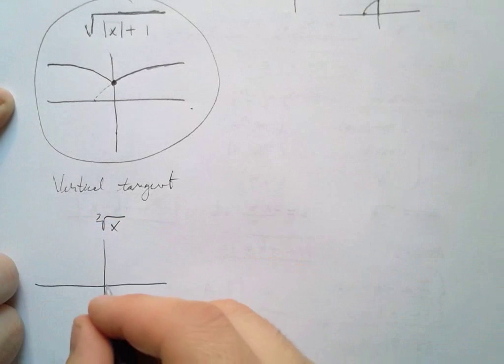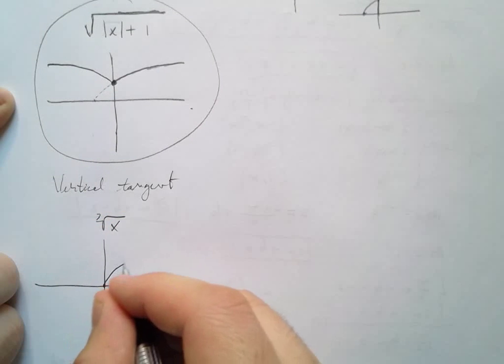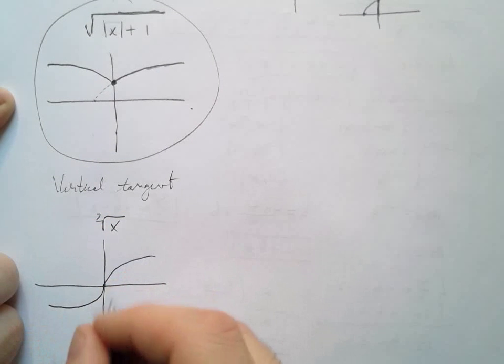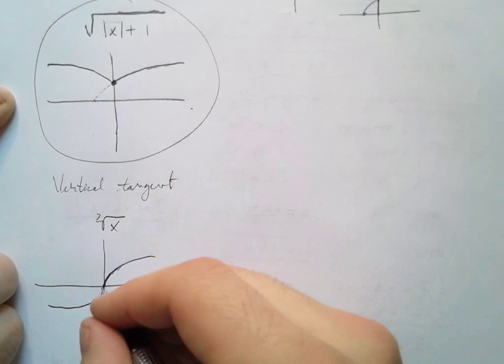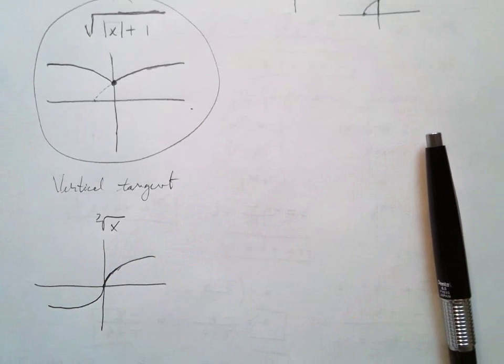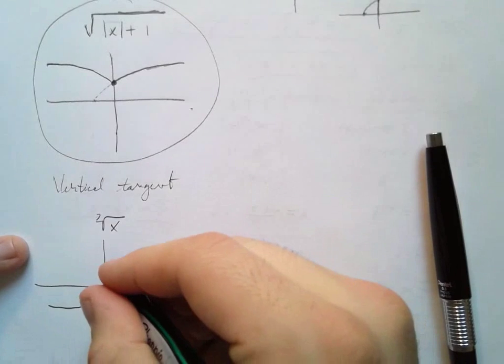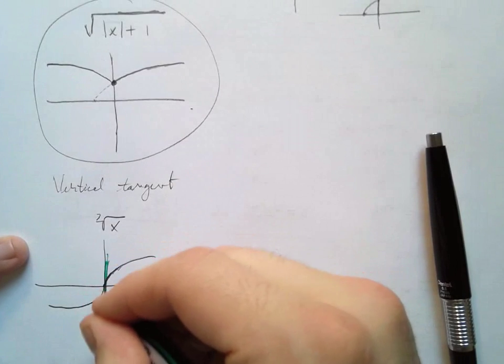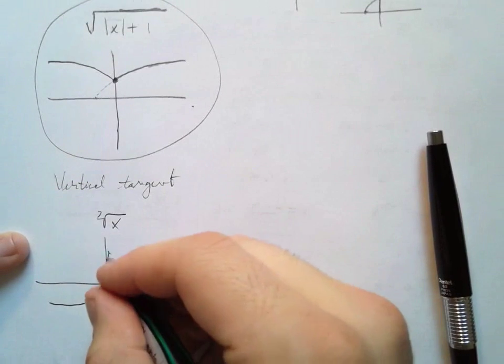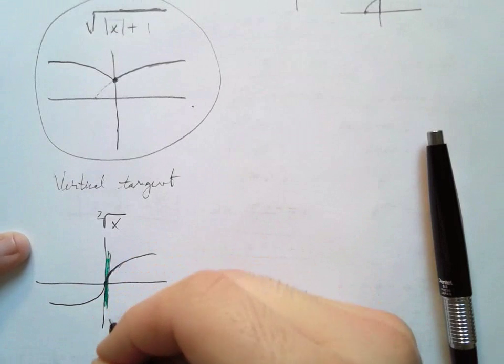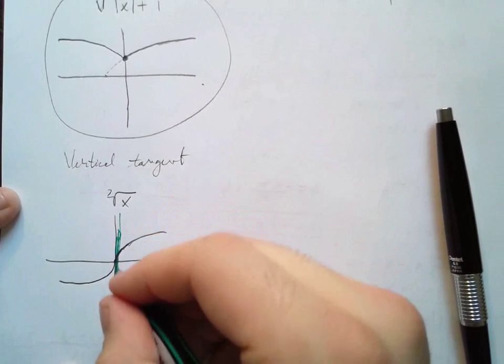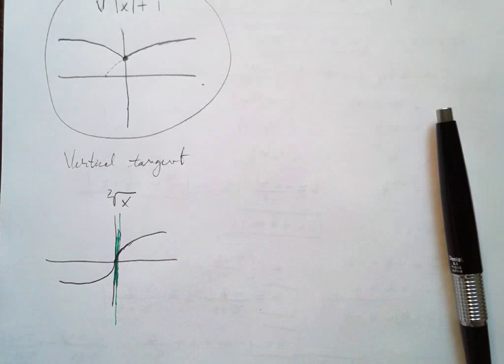What that looks like is like this, right? And at x equals 0, it's going to have a vertical tangent line, right? And I'll try to draw it in like this with color. That green line, although I don't know if it's visible on the video, that is a vertical tangent line.